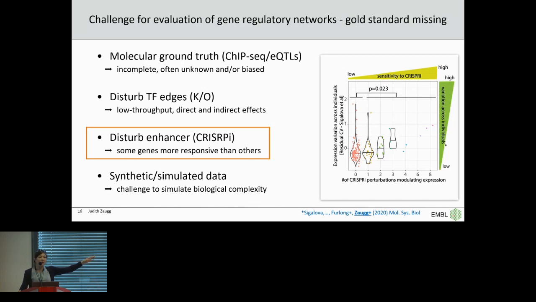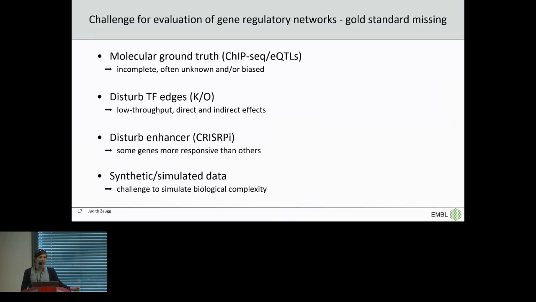What you can essentially see is, the more variable a gene is across individuals, the more likely it is to be perturbed by any CRISPRi perturbation. So again, I think you have this intrinsic genetic gene bias when you want to evaluate your enhancers with CRISPRi.